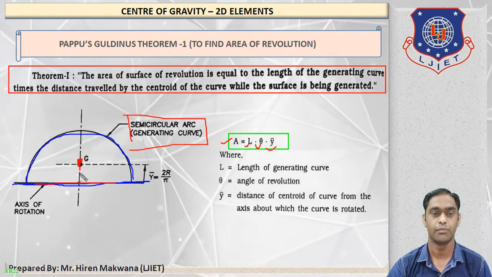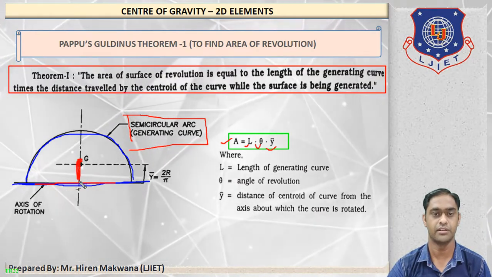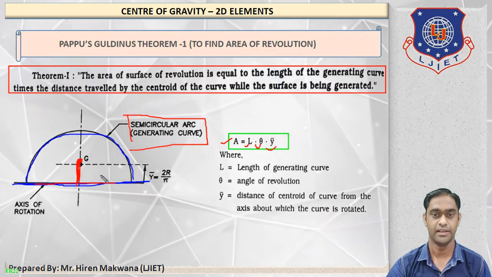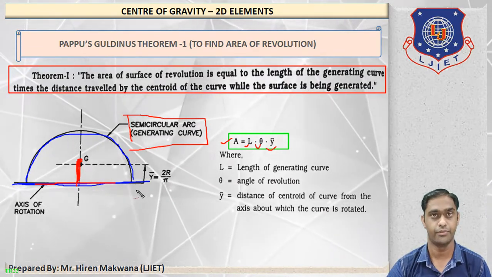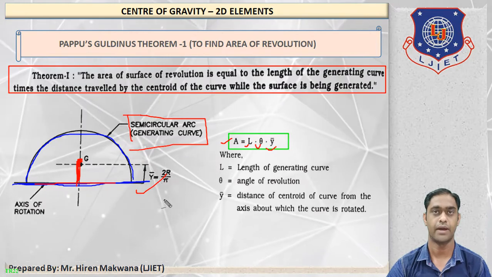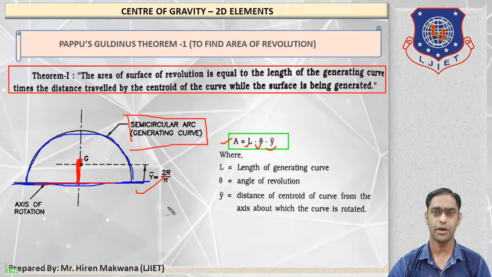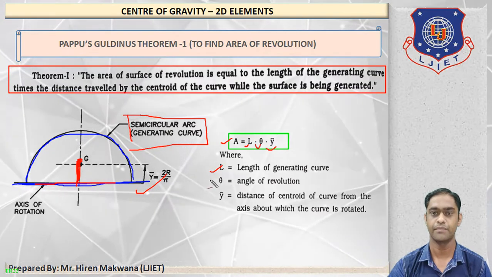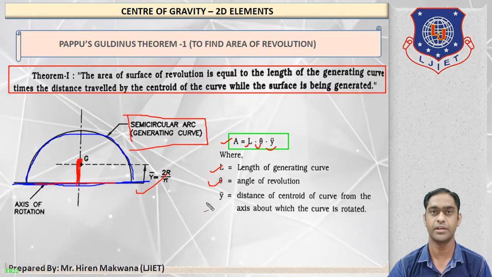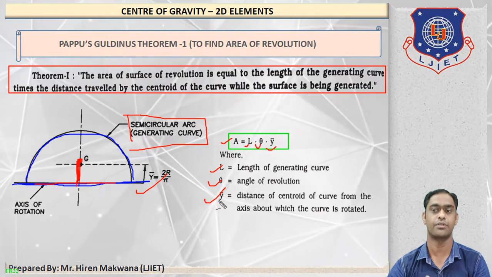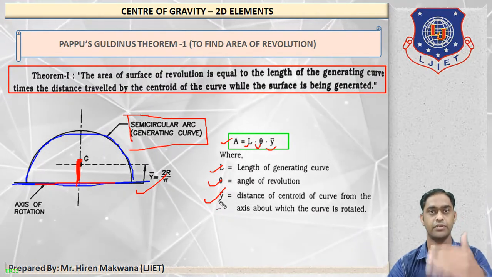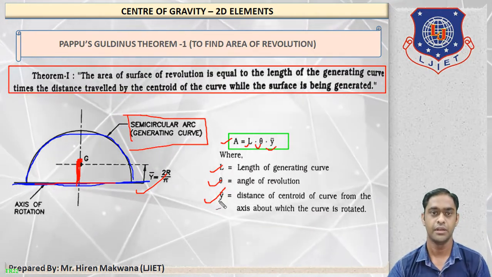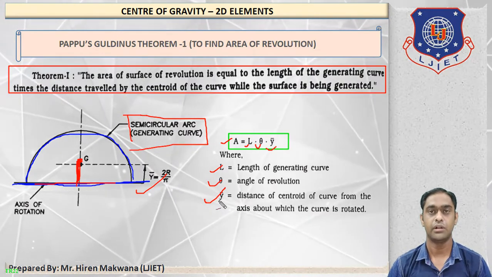So up to the bottom axis, means the axis of rotation, this distance is, as you know in the formula, y bar is equal to 2r by pi. So now here it is written that A is the area, L is the length of the generating curve, theta is the angle of revolution, and y bar is the distance of the centroid of the curve from the axis about which the curve is rotated.